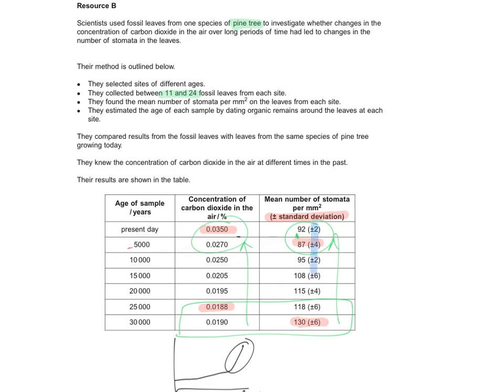We can talk about the significance of standard deviation. You know, that there's no overlap between 1,500 and 10,000 years ago? Yeah, there's no overlap there. So that is significant.